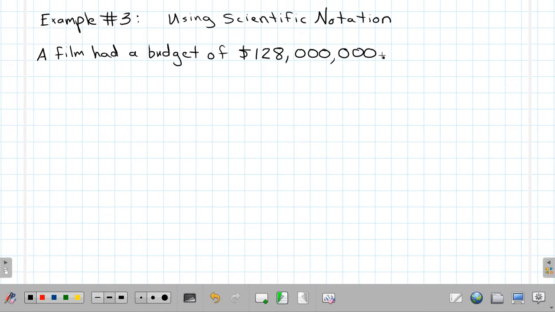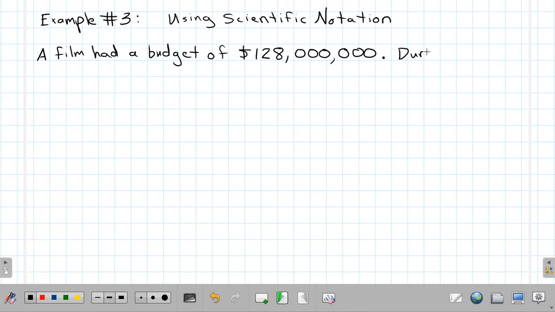Which that's a lot of money, but just in context, that's pretty average, especially for movies that have a lot of special effects like the Avengers movies and things like that. It's nothing for them to have probably even more than that as a budget, because they have to pay so many people to do so many different things. Okay. But they tell you here a film has that budget.